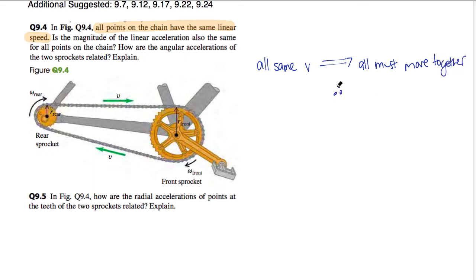So therefore, the linear acceleration must be the same throughout the chain. So we'll say that for all chain links.